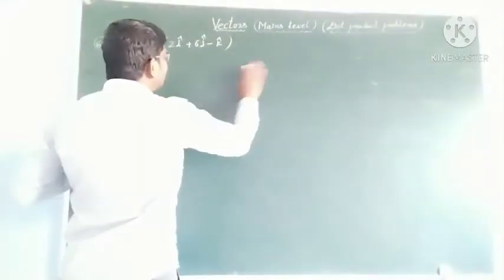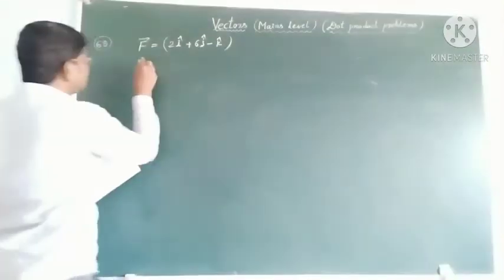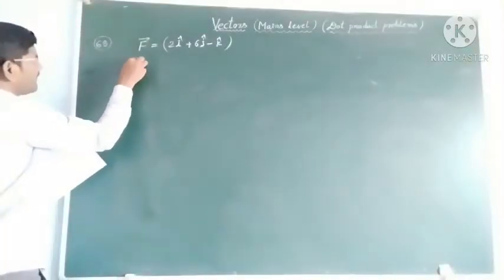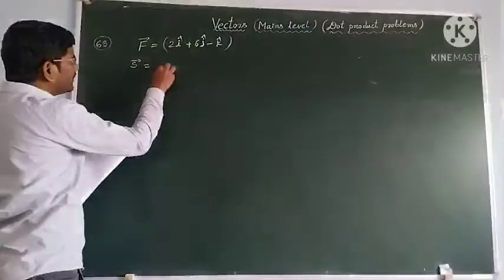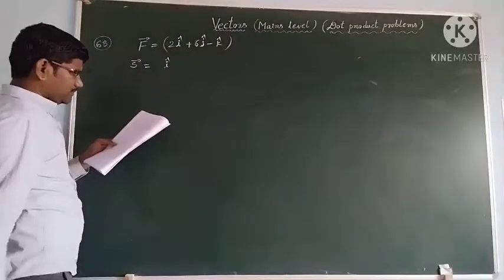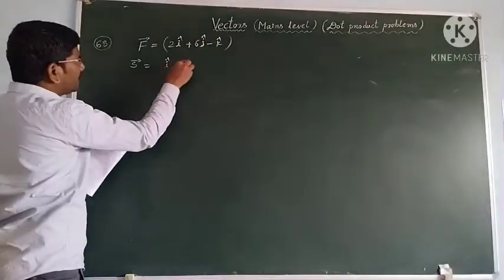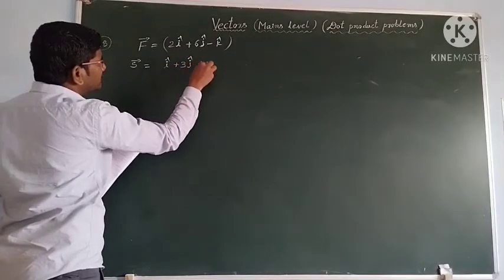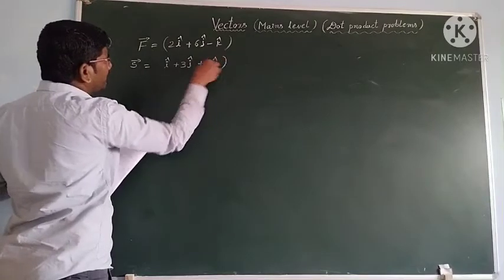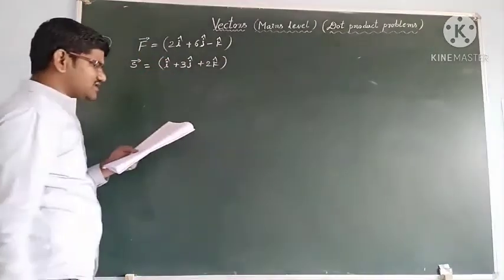The displacement vector is given: i cap plus 3j cap plus 2k cap. So these are the force and displacement.